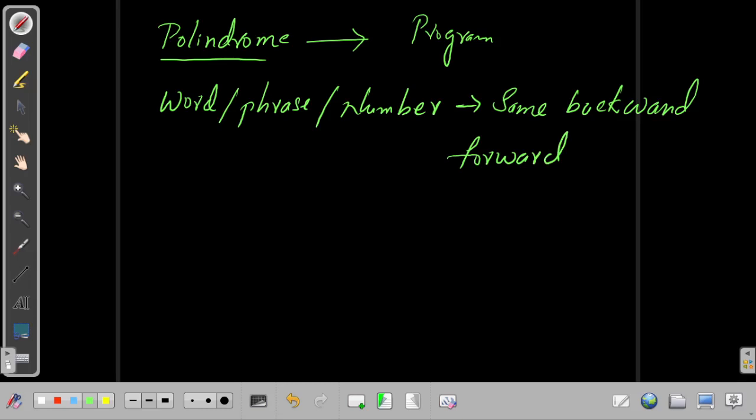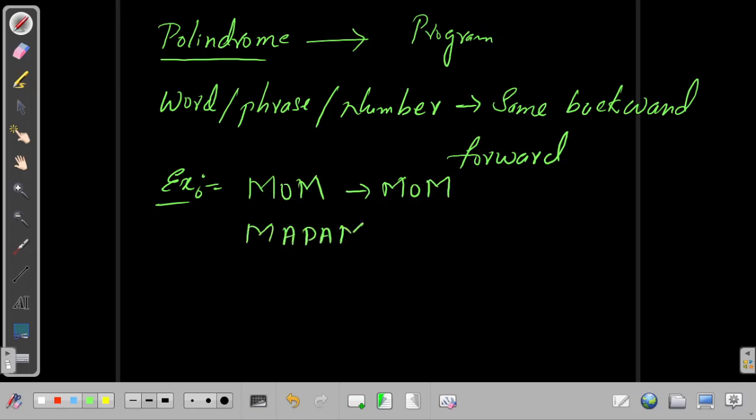For suppose, some examples of palindromes are given here. See, mom. If you reverse it, it will be mom again. Yes or no? Next, madam. If you reverse it, you will get the same, M-A-D-A-M, madam. If you take one number 121, if you reverse it, again we get 121.